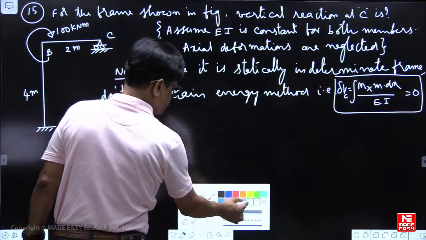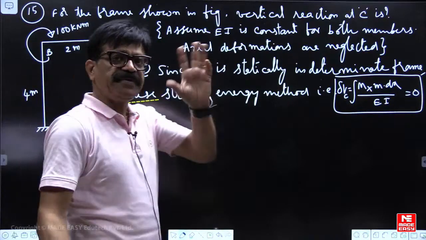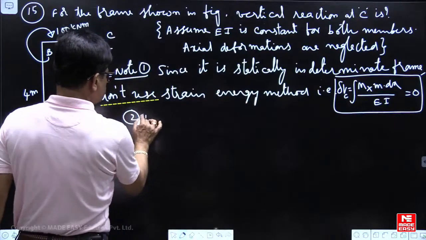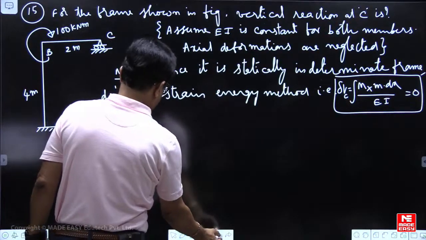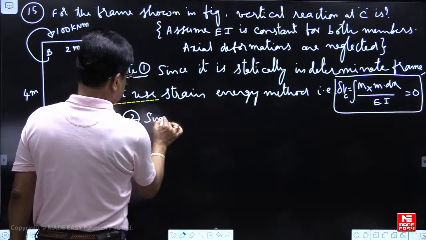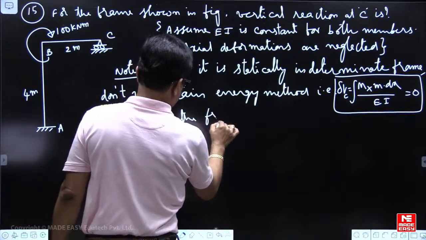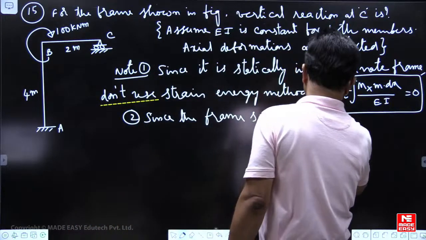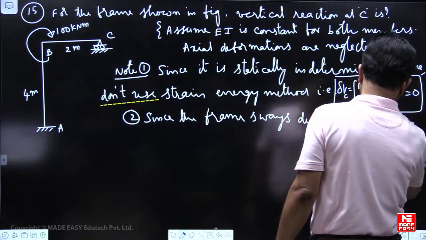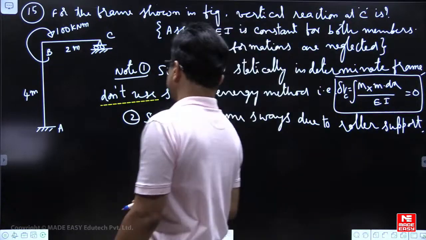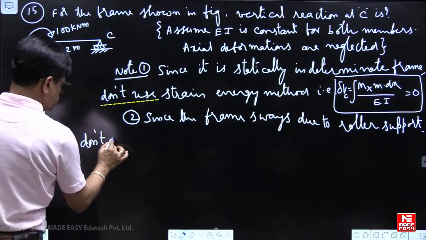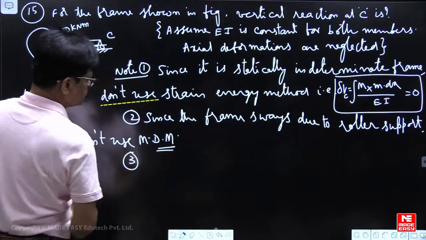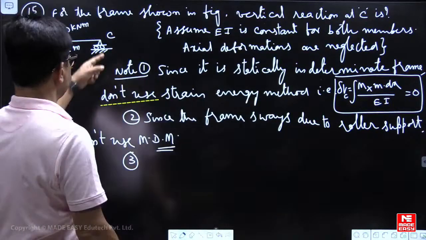Next, in 1 minute you should be able to guess which one to select so that you get out quickly. Don't use MDM. Why? Frame sways due to the roller support. Don't use MDM. Then what to do? Compatibility method.